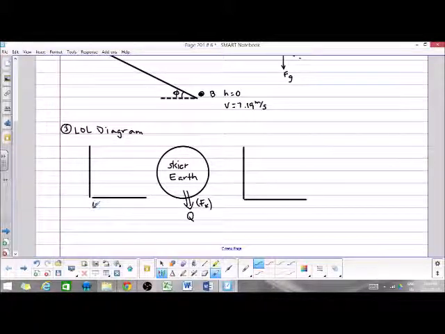So our energy bars, we've got gravitational potential energy plus kinetic energy is equal to total mechanical energy.